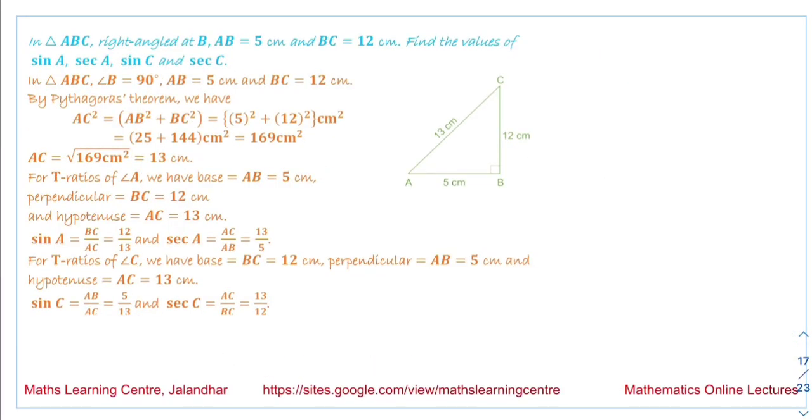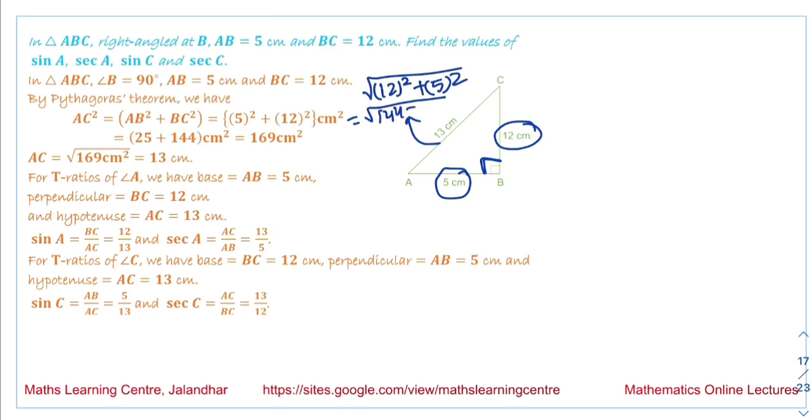Next is a triangle ABC, right angled at B. This triangle is right angled at B. It is given that AB is 5 centimeter, BC is 12 centimeter. If it is a right angle triangle, the length of this side is square root of 12 square plus 5 square, that is square root of 144 plus 25, that is square root of 169, and that is 13 centimeter.